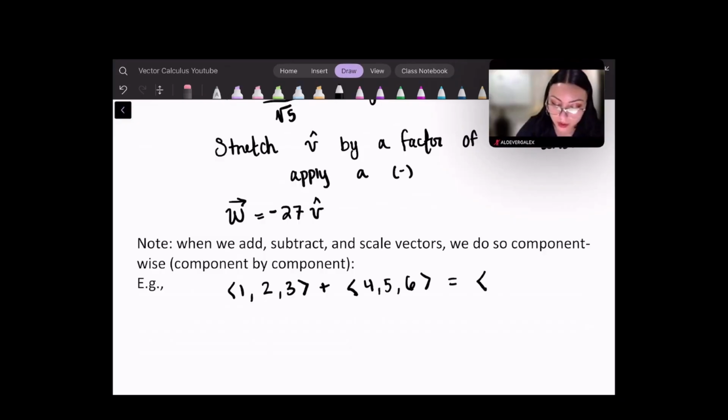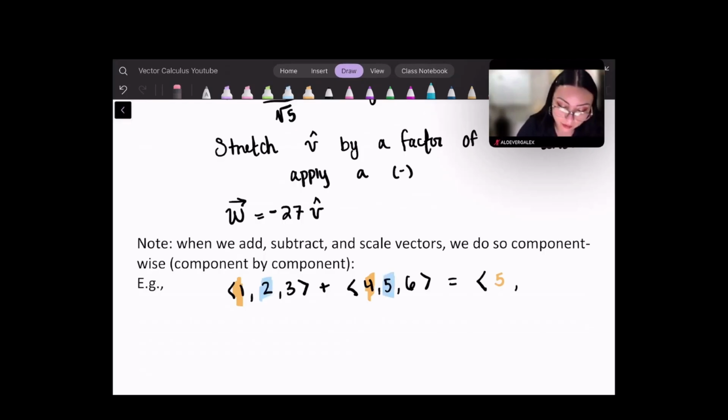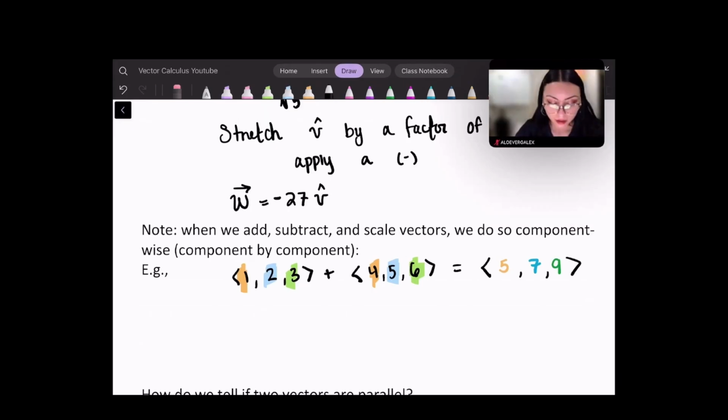Well, all we do is we add components. So the x components first, 1 plus 4 is 5. Then we do the y components, 2 and 5, 7. And then we just have the z components, 3 and 6, which is 9. Hence component-wise.